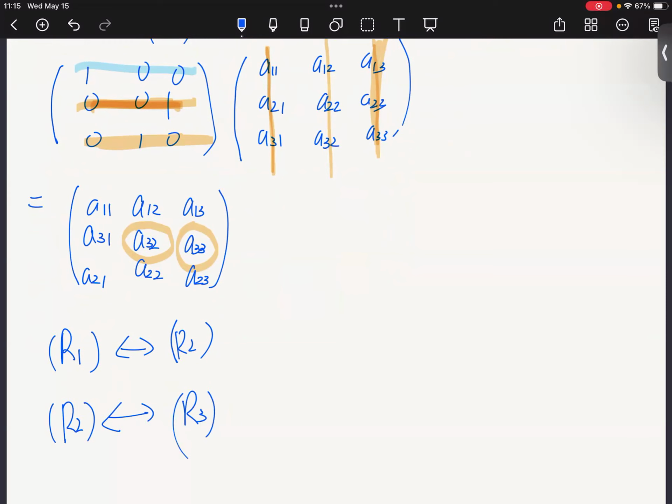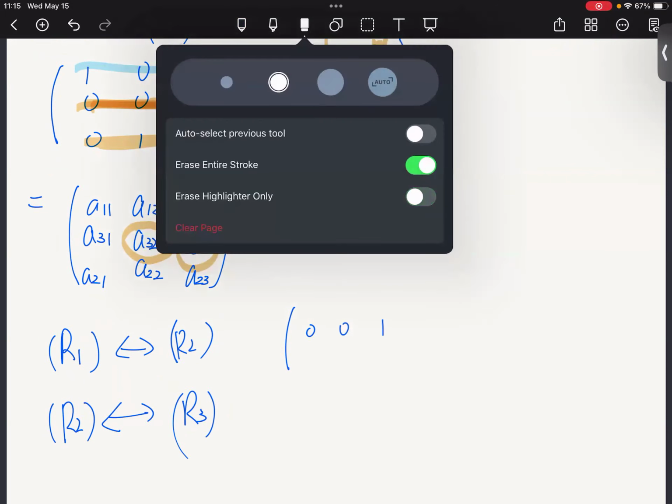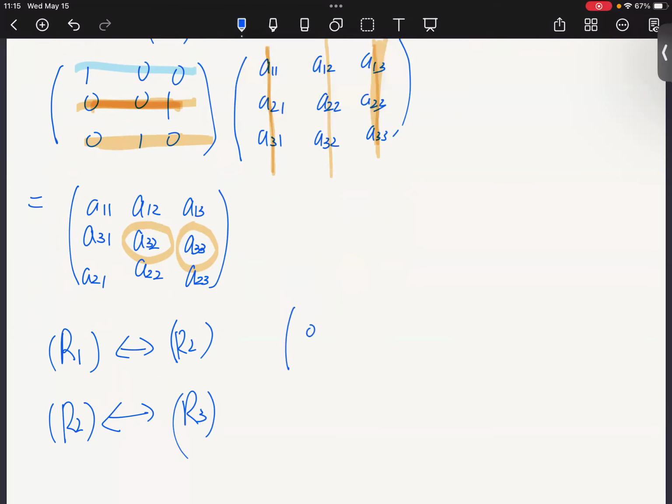You can actually do the row exchange here. Maybe first you can create the row 1, row 2 exchange, and this is the corresponding matrix here, 0 1.